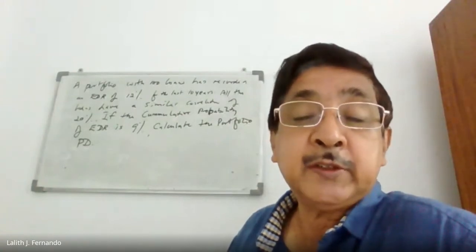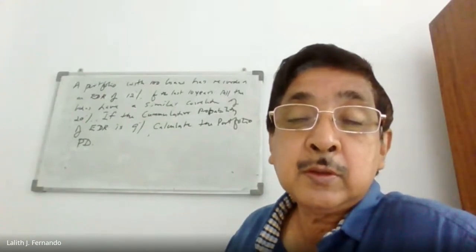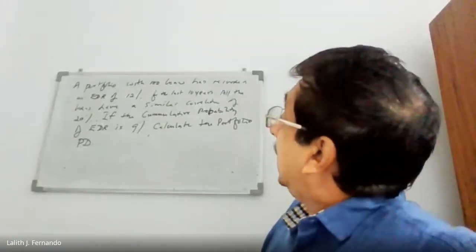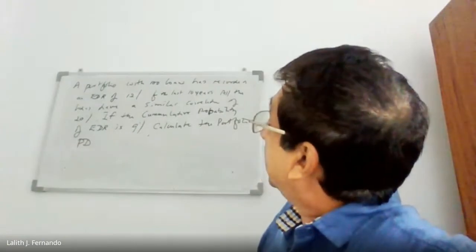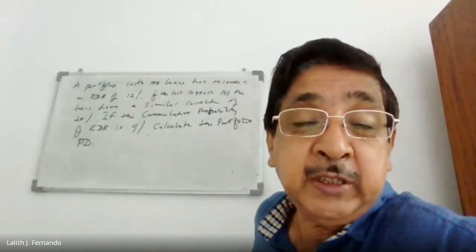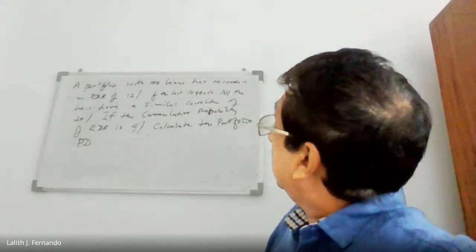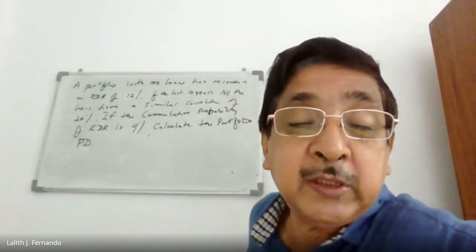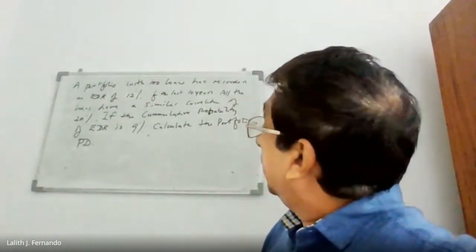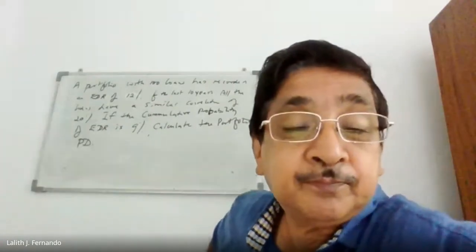You can do the calculations. So can you repeat the question, please? Yes. A portfolio with 100 loans has recorded an EDR of 12% for the last 10 years. EDR is the expected default rate. All the loans have a similar correlation of 20%. 20% is the correlation with each loan. If the cumulative probability of EDR is 9%, calculate the portfolio PD.